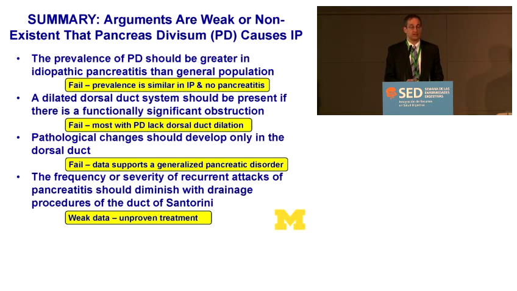Third, the pathologic changes support that this is not localized to the dorsal duct, supporting that a generalized pancreatic disorder is likely present. And finally, data is weak or unproven that the frequency or severity of attacks of pancreatitis diminish with drainage procedures of the duct of Santorini.